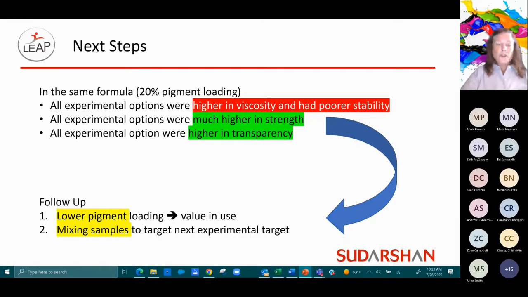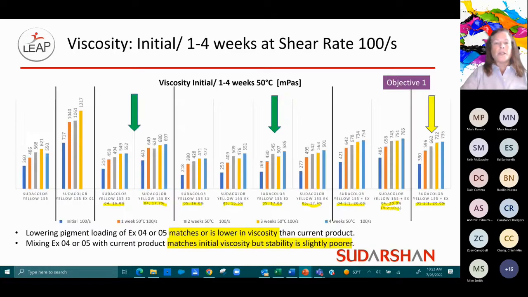So if we took those follow-up plans and ran it through the formulation again, opposite the first objectives, we found 2 of the 5 that we could lower the pigment level to about 17% versus the original 20% loading, and still match that viscosity or even lower the viscosity.